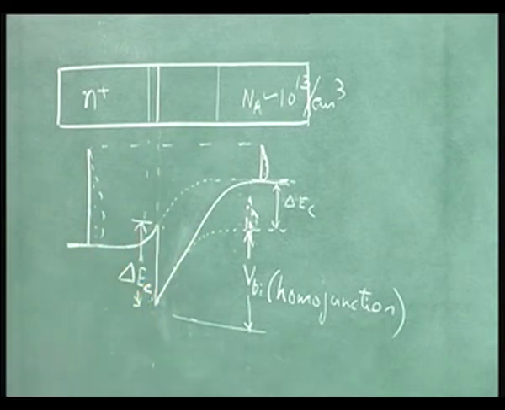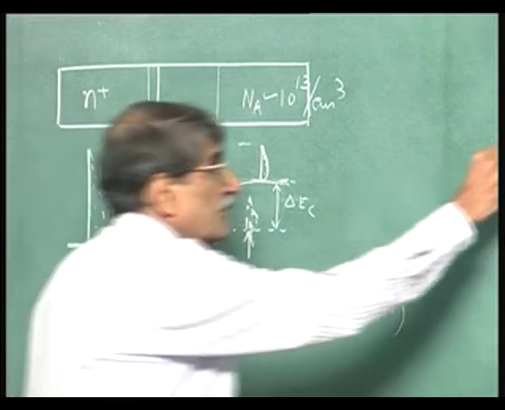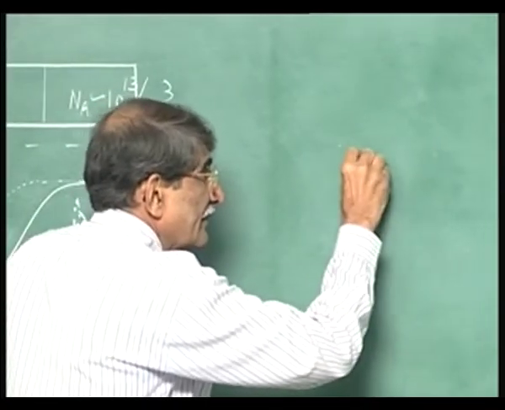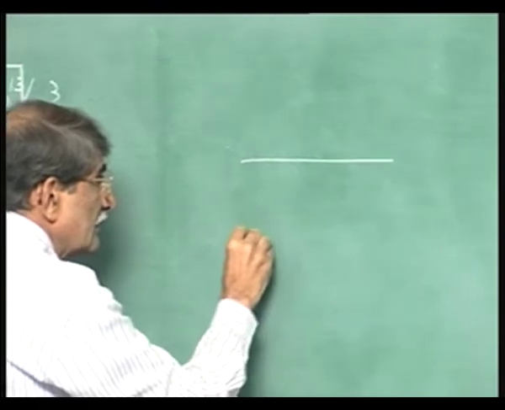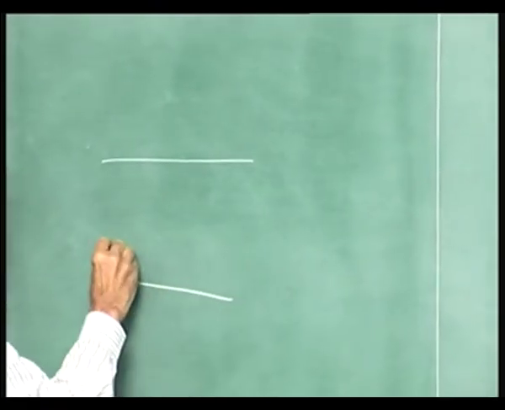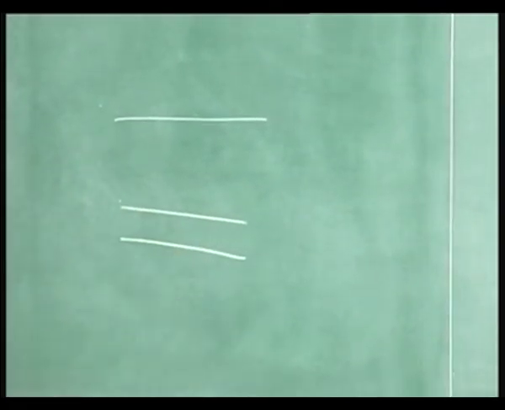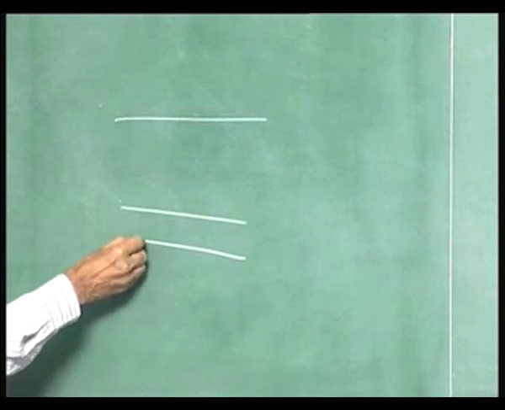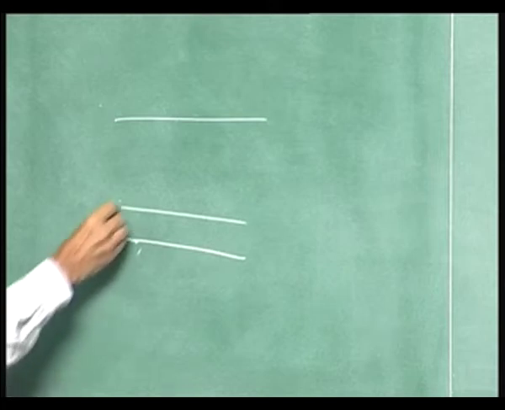In the case of MOSFET, if you recall a p type material, okay, you have the Fermi level like this, and it bends down like this.